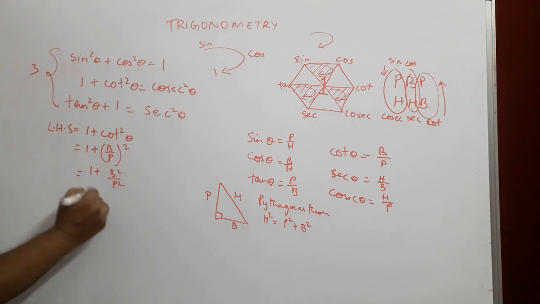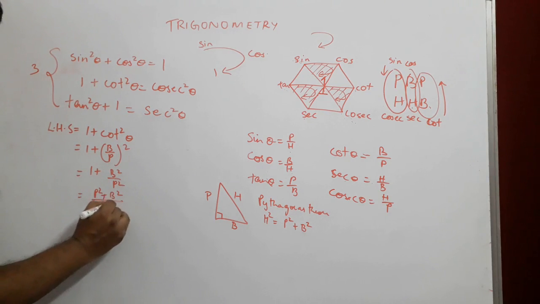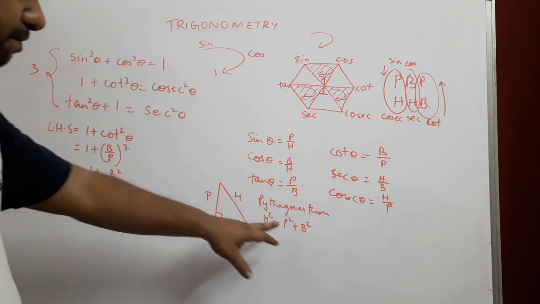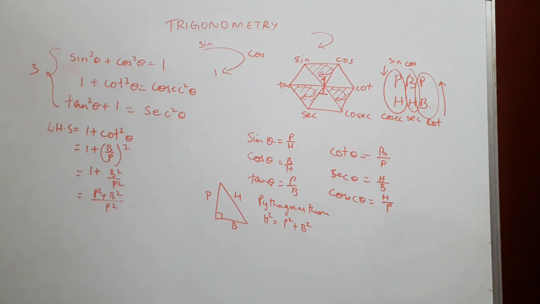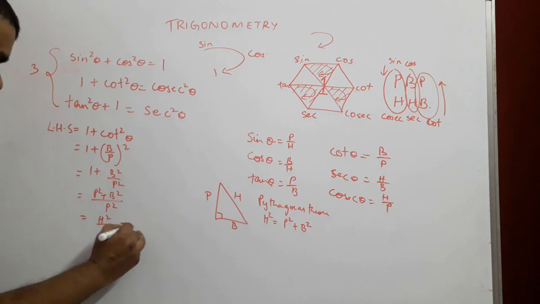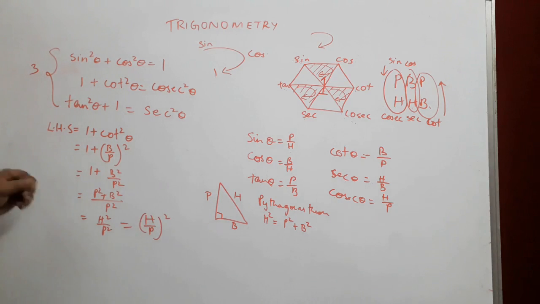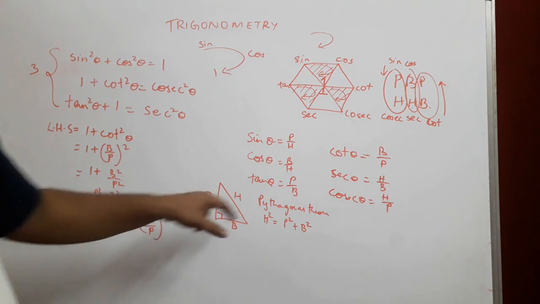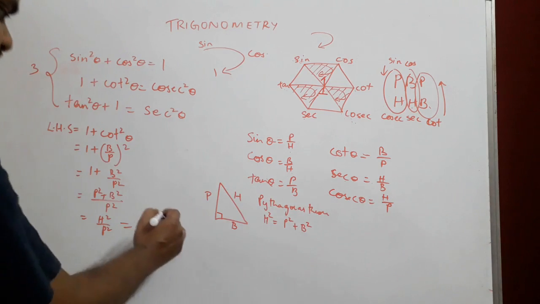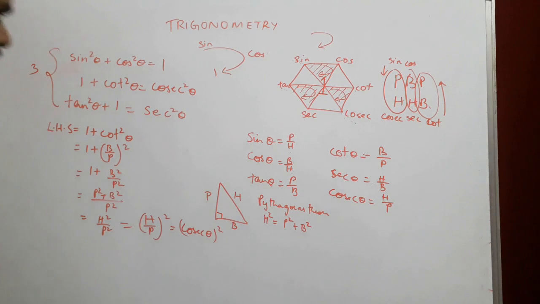If we get the LCM, it will be P square plus B square upon P square. Now have a look, what is P square plus B square? It is h square. So h square upon P square, which we can write as h upon P the whole square. What is h upon P? It is cosec theta, which means this is cosec theta whole square.